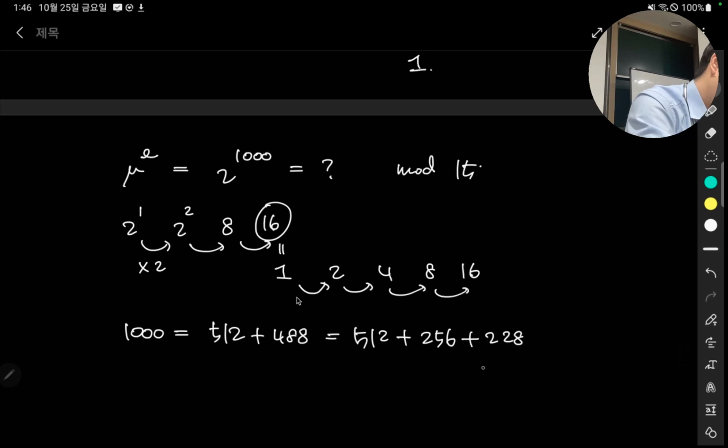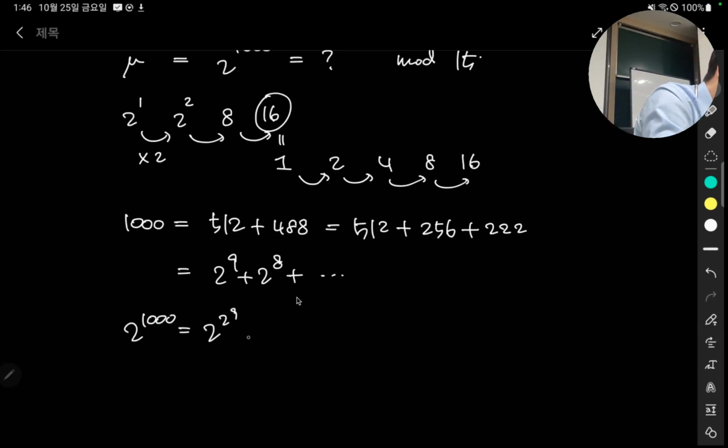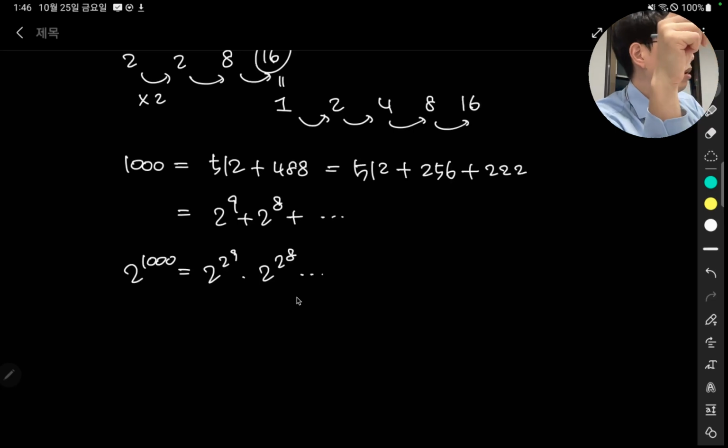So 512 is 2 to the power of 9, and the others are 2 to the power of 8 plus something, right? So once you have this binary expression of your exponent, then 2 to the 1,000 can be split in this way, right? And then how do you compute 2 to the power of 2 to the power of 9?